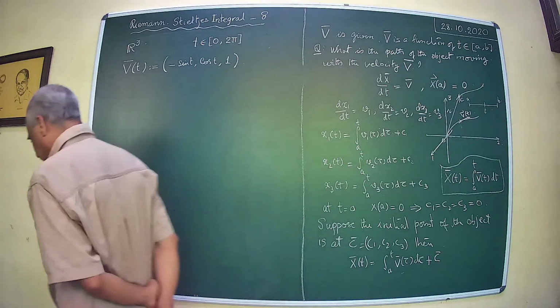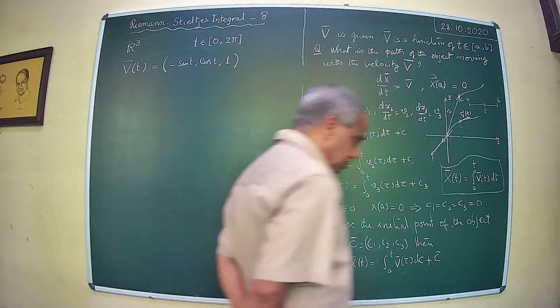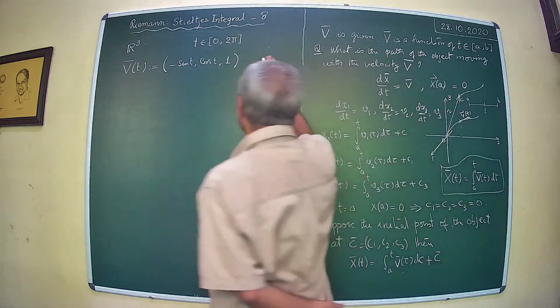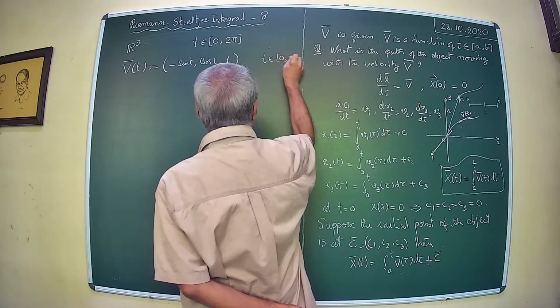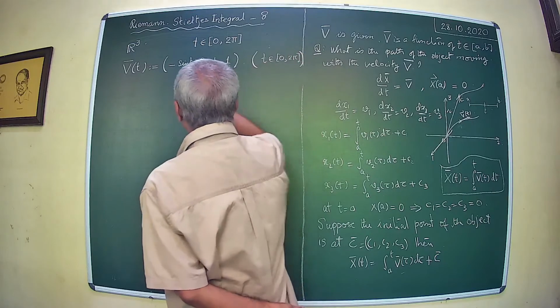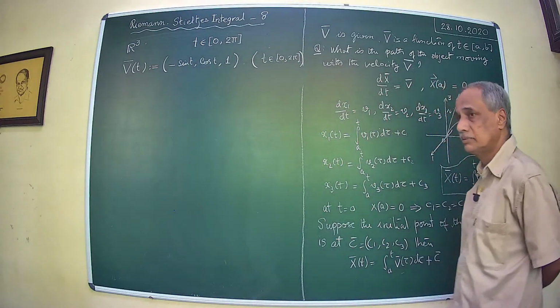What is this actually? So here you see that the velocity vector at a time t belonging to 0 to 2 pi is given by minus sin t, cos t and 1. Okay.